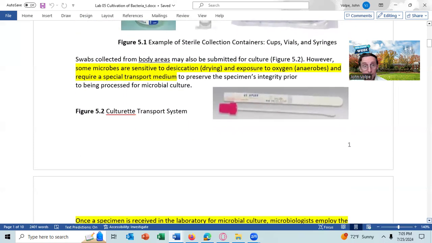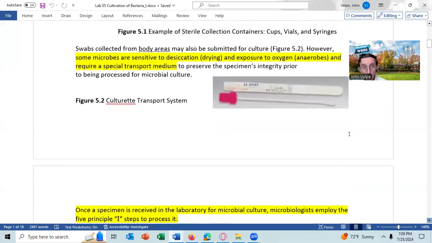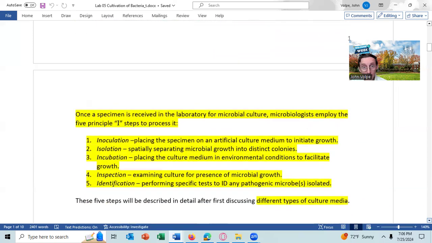Some microbes are sensitive to desiccation, they'll dry out, and some are sensitive to exposure to oxygen, almost all anaerobes. And these require a special transport medium. Once a specimen is received in the lab for microbiological culture, microbiologists employ the 5 principal I steps to process it.